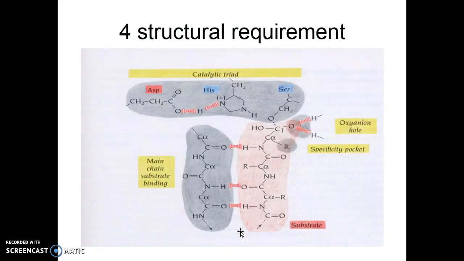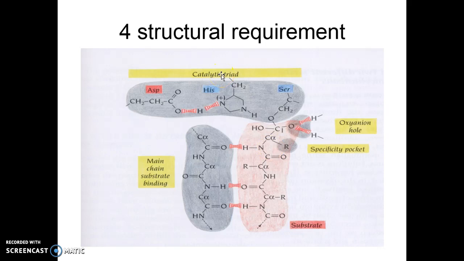This slide shows a schematic view of the presumed binding mode of the tetrahedral transition state intermediate for the deacylation step in the active site of the serine proteinase.